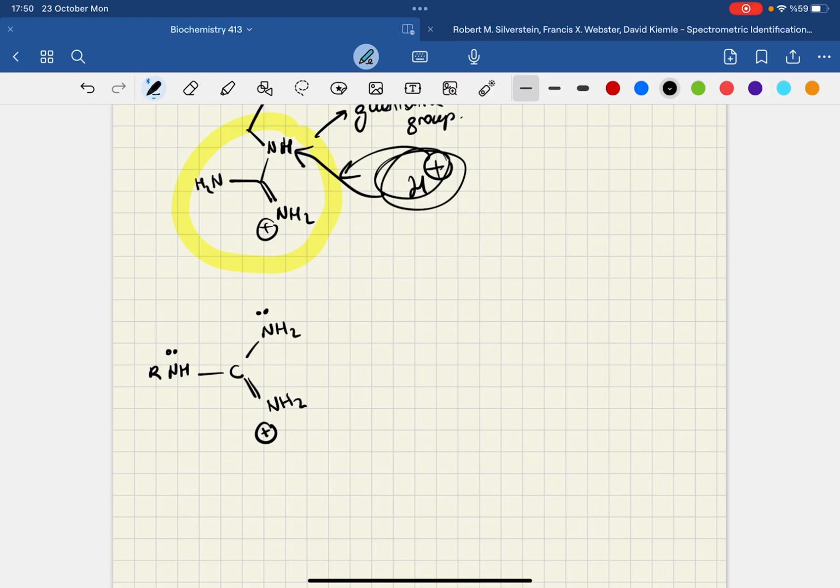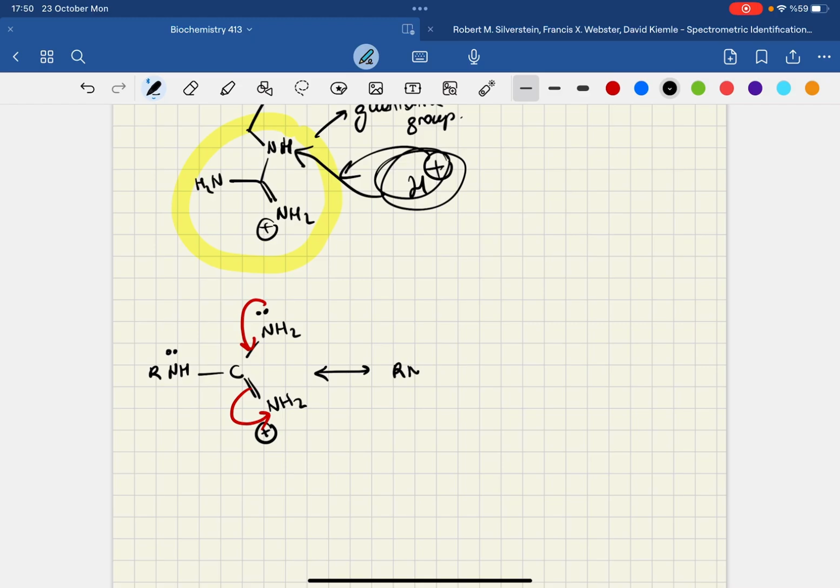And what happens is that these 2 dots can go to the bond just below them, and then since carbon can't make 5 bonds, this double bond will go to the nitrogen below, so that its positive charge will be neutralized.